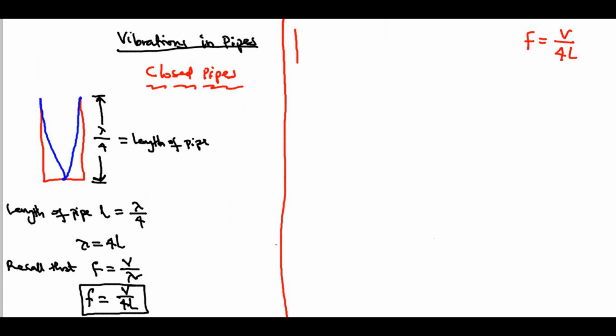So we'll have our pipe, and following the rule, we should have a node here because that's the closed end of the pipe, and we should have an antinode here. Okay, so to do that, I would start from my node. I should have something like this and that.